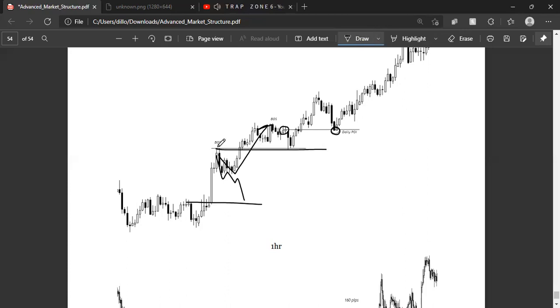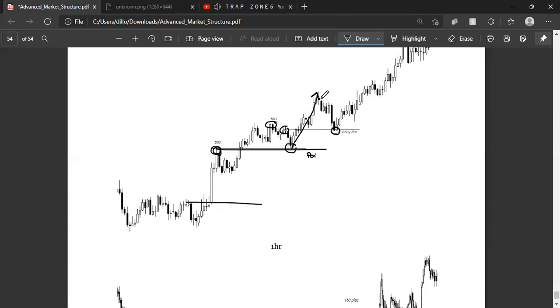And this is a very sketchy point of interest, but you can anticipate that there might be some type of retracement back into that area, right? And that's what we see. So there was a retracement here and then giving another break of structure, right?